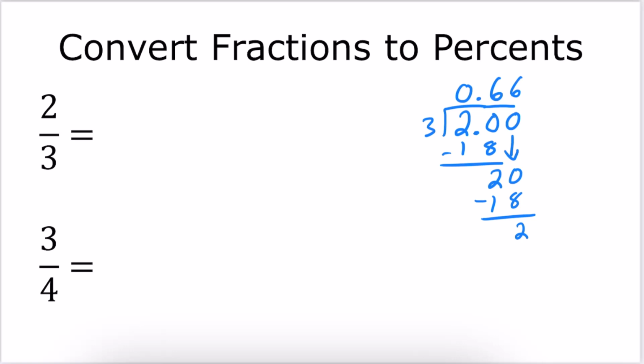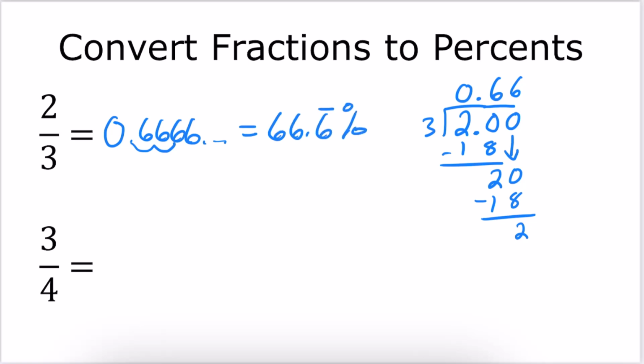And so 2/3 equals the decimal 0.66666 repeating. As a percentage, if I move the decimal over twice, that's going to equal 66.6 repeating percent. And so 2/3 as a percentage would be 66.6 repeating percent.